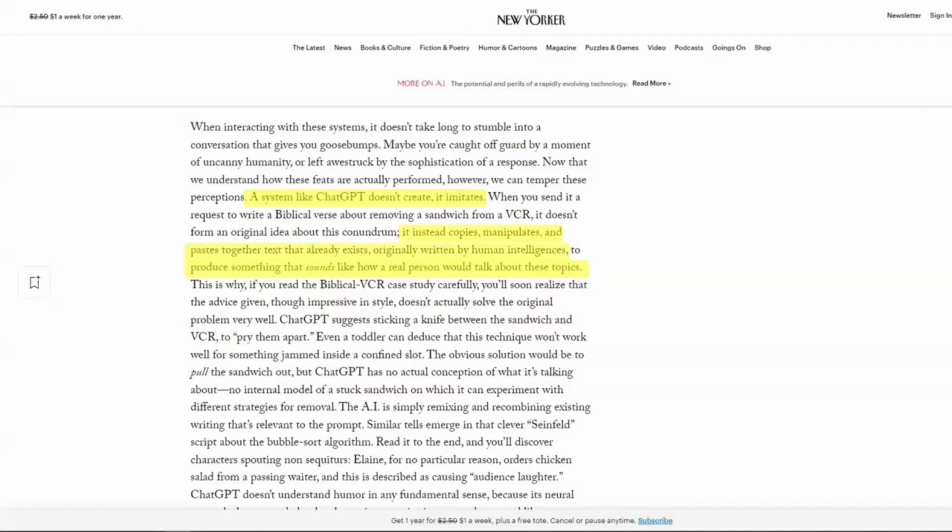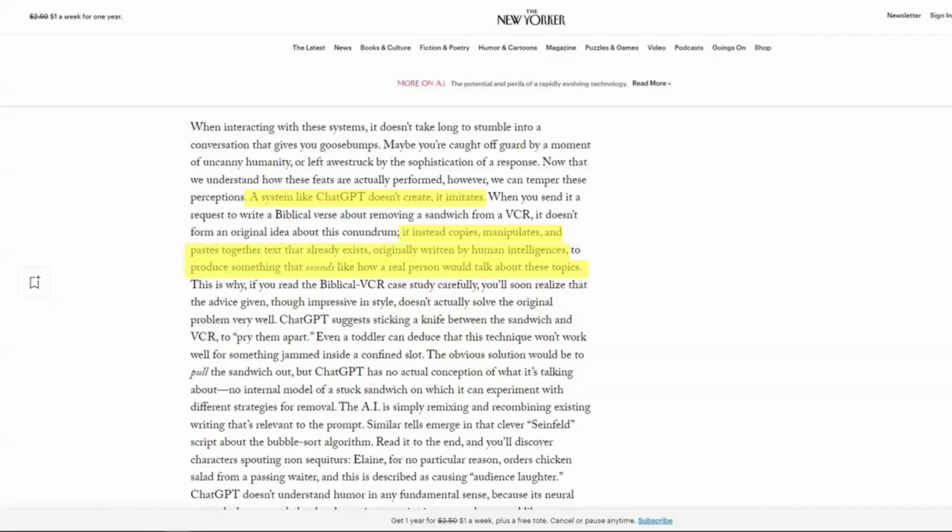And then we also have, it instead copies, manipulates, and pastes together text that already exists, originally written by human intelligences. That is literally every single research paper that has ever been written, right? Every single research paper that I have ever written, I don't copy, that's the one thing I don't do because that's plagiarism, but I do manipulate, I do piece together text that already exists, I do take ideas that other people, other human intelligence, has written, and I put them together in a new form to make the point that I'm trying to make.